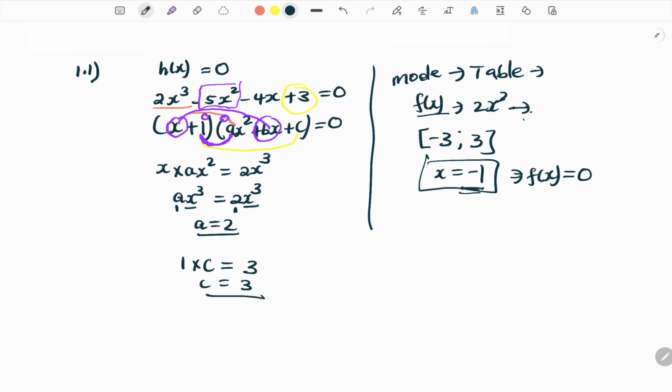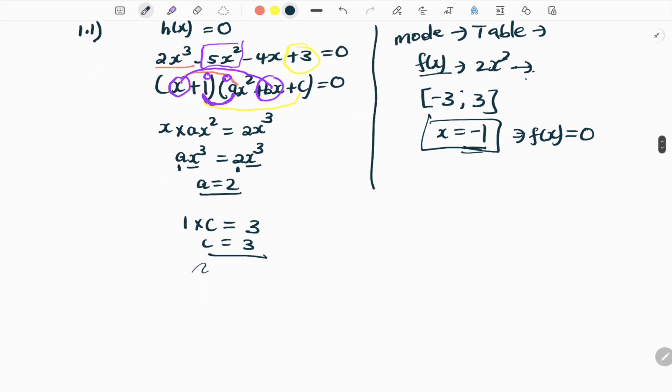It's going to be x times ax squared, plus 1 times ax squared is equal to negative 5x squared. Then it's going to be bx squared plus ax squared is equal to negative 5x squared.